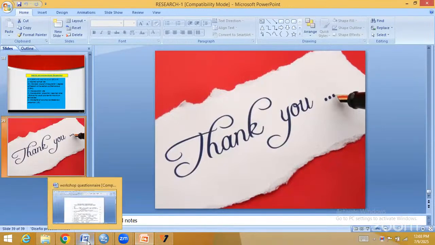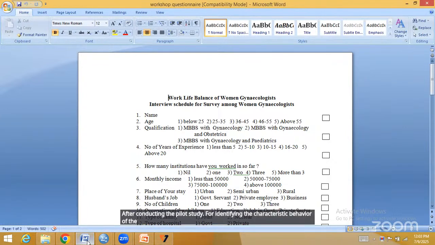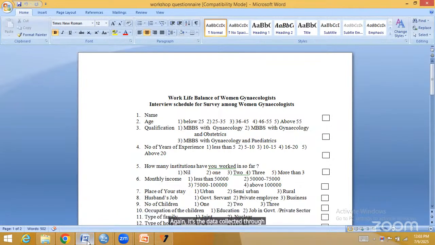Next, come to another very important section. After conducting the pilot study, for identifying the characteristic behavior of the population from where we draw the sample, against the data collected through the pilot study, we apply a particular formula for the fixation of sample size. Then we have a determined optimum sample size.